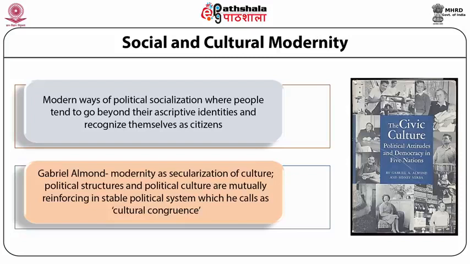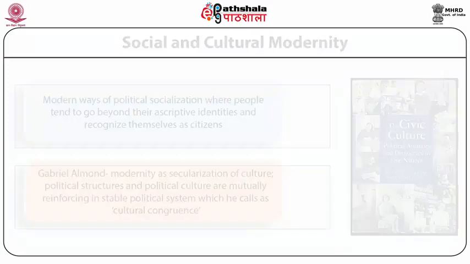So, modern political culture is what defines secularization of culture, and modern political culture is based on democratic values. It would imply a shift from traditional culture based on parochial norms and practices to a more modern, participatory, dynamic political culture, which is a characteristic feature of modern democratic societies.